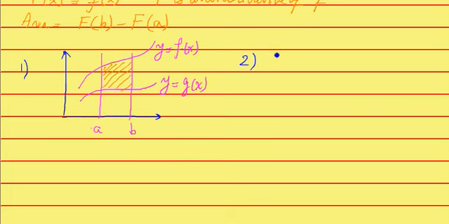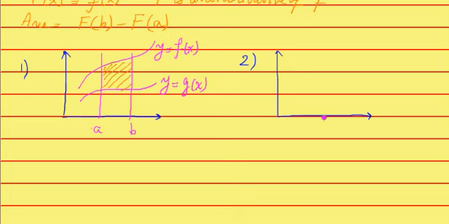These are type 2 regions that we are interested in. Sometimes these parallel lines aren't vertical, they could be horizontal, and the picture would be just lying essentially on its side, extending in a horizontal direction.